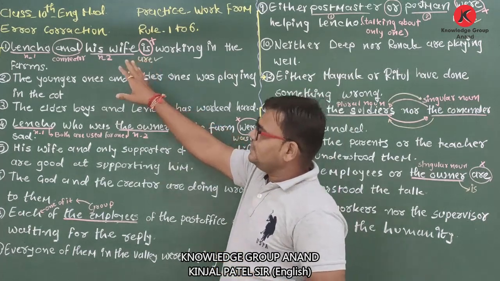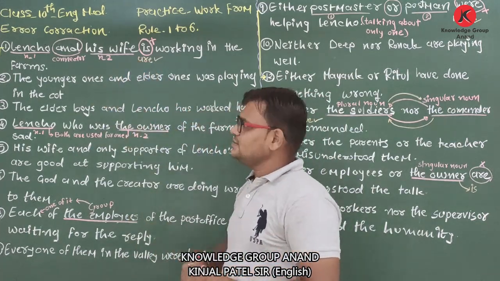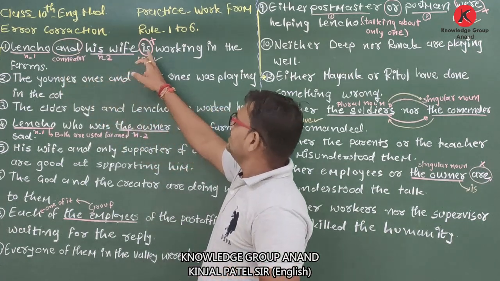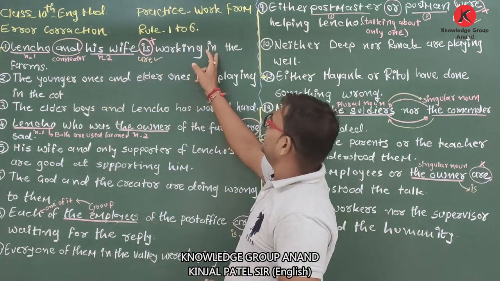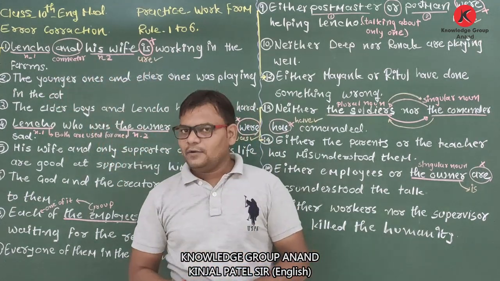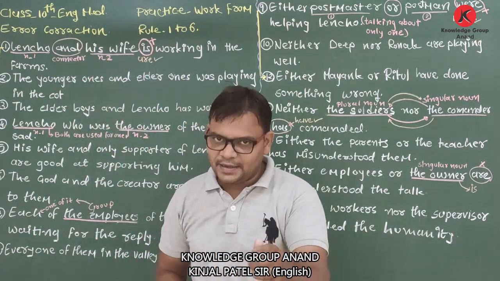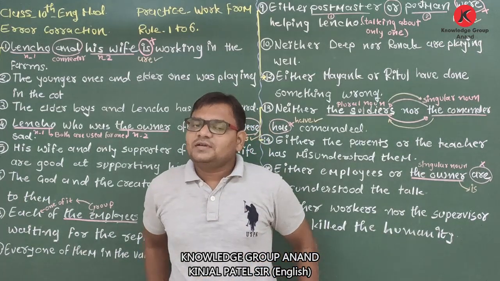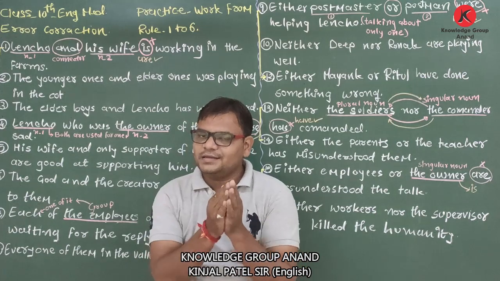Now in the first statement, as you can read, Lencho and his wife is working in the farm. Now you have the rules in your hand, right? Just read the first rule. Which was the first rule that we learned yesterday?